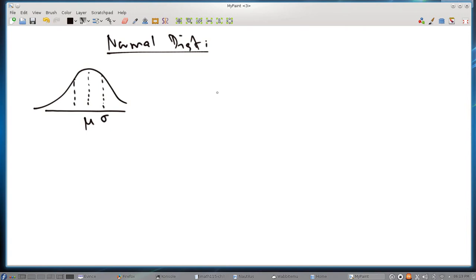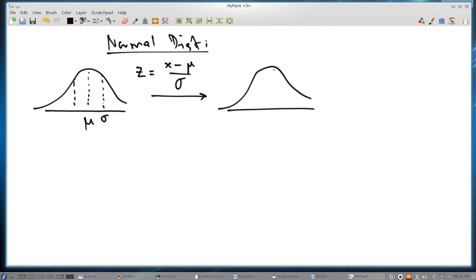And we looked at computing the general distribution by converting it to the standard normal distribution by using this equation that we call the z-score. Okay, and so using that equation we are able to translate the general normal curve to the standard normal curve. So this is what we call the standard normal curve.